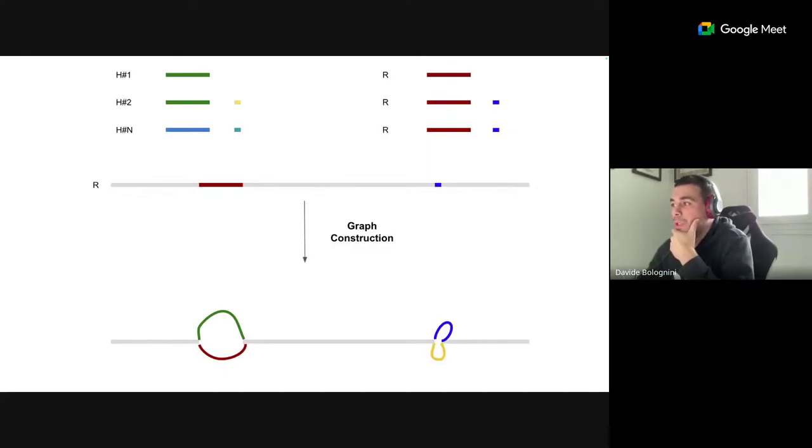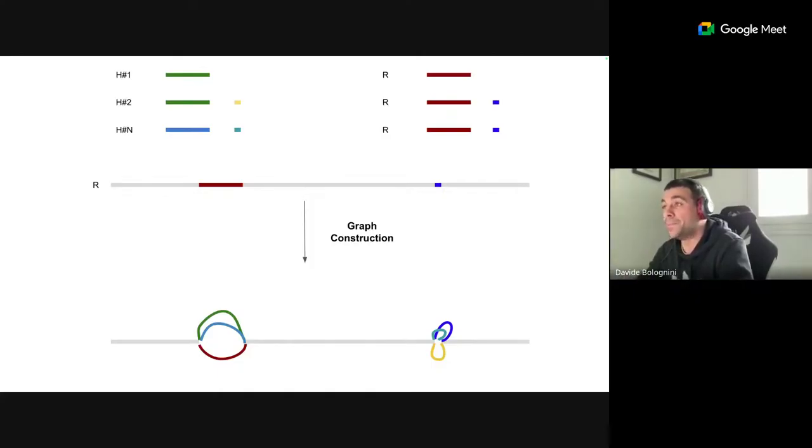Then you add the yellow part, which results in an additional bubble, and then you add variants from the HN haplotype, which result again in a more complex bubble. So variants produce bubbles in the graph with branches that define the alleles. The haplotypes, of course, are passed through the resulting pangenome.